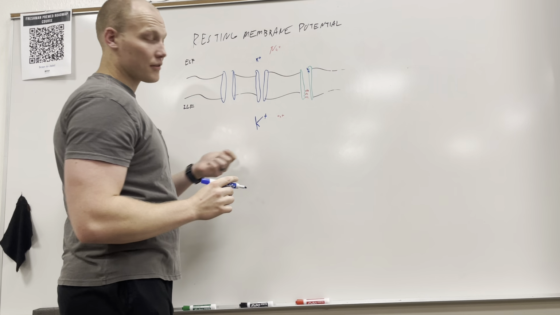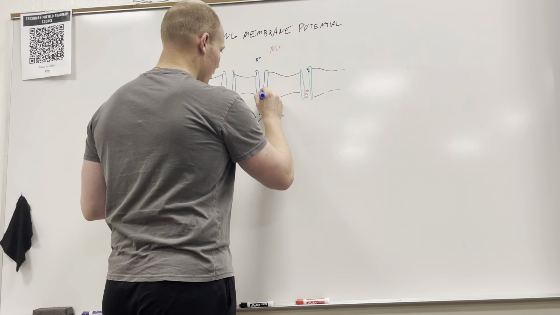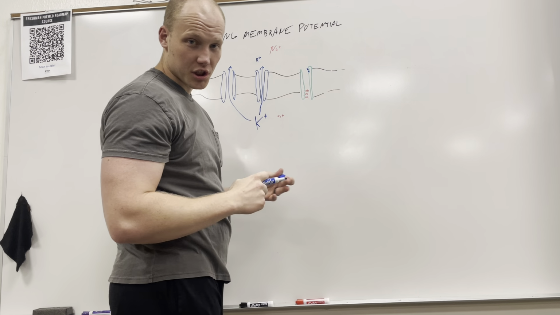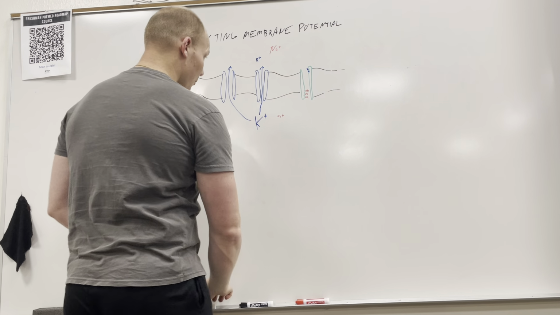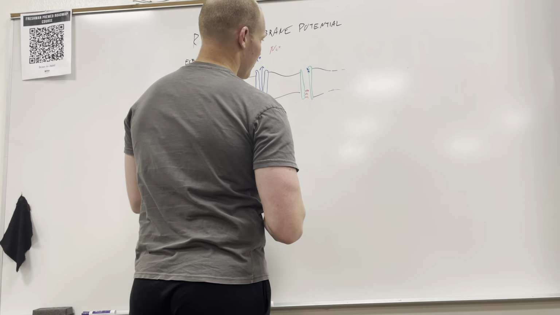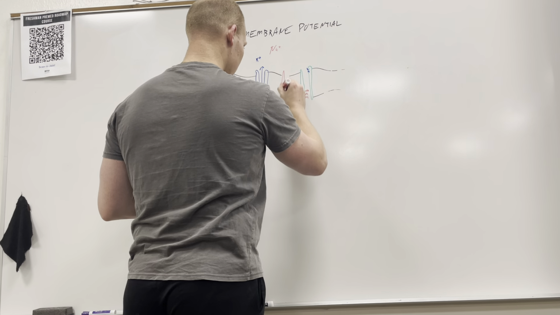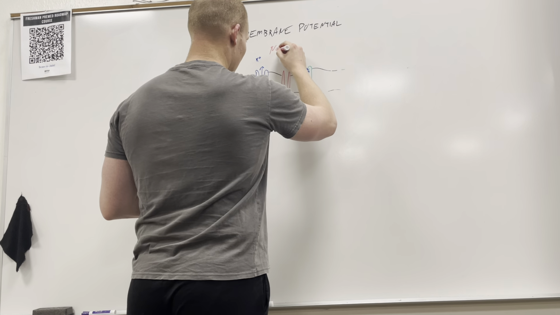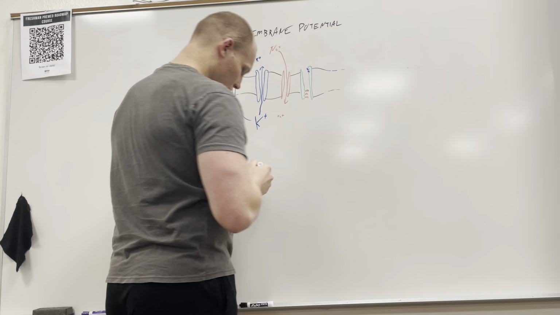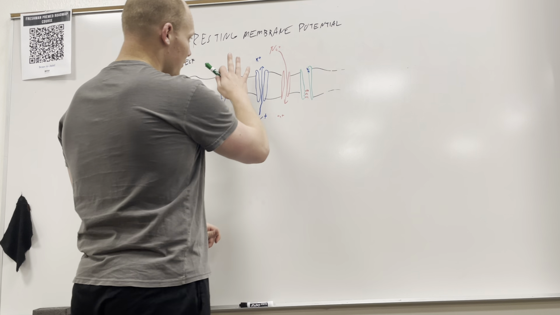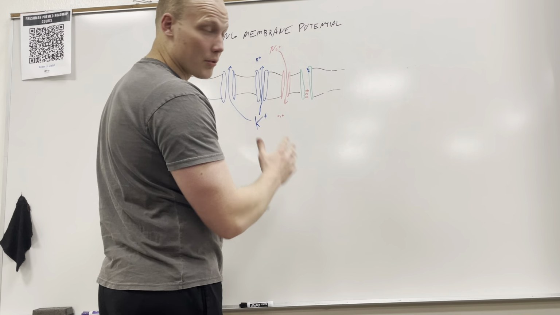And these leak channels, they allow potassium to flow out of the cell down its concentration gradient. And we'll represent the sodium leak channel right here, like this, which allows sodium to flow into the cell. Now, as potassium leaves, it'll leave at a higher rate than sodium will.